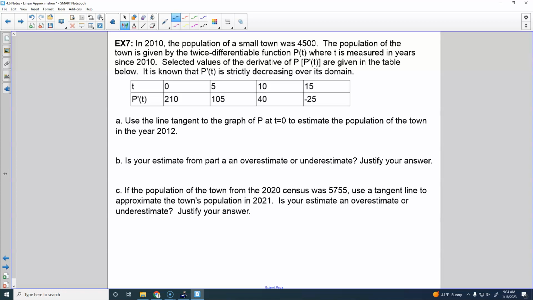Okay, so what does p of t stand for here? It's population, right? So p of t is population. But we're not looking at p of t. We're looking at p prime of t. What's p prime of t? It's your change in population.